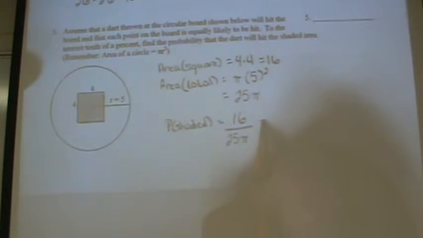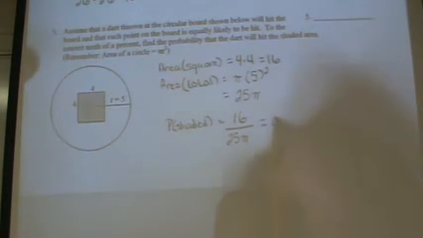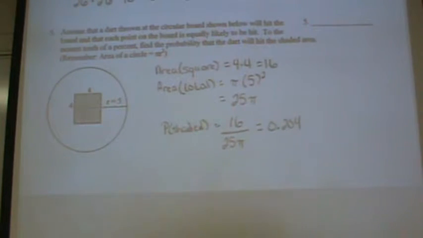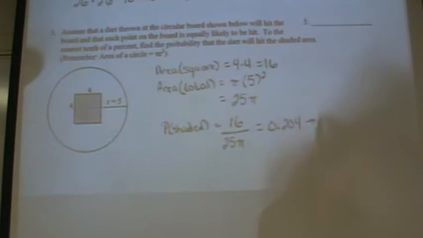When you divide that out, you get 0.204 as a decimal. But this wants it to the nearest 0.1%. So we're going to convert this to percent by multiplying by 100. You're going to get 20.4%.